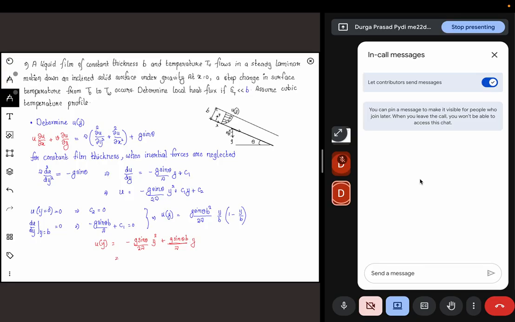From this, if I take g sine theta b square by 2 nu, that will leave me with 2 y by b minus y by b square. So this will be something like this. So at y equal to b, I have a finite quantity of velocity here, that is g sine theta b square by 2 nu. So that is basically the terminal velocity that you would obtain by balance of viscous and the gravity forces.